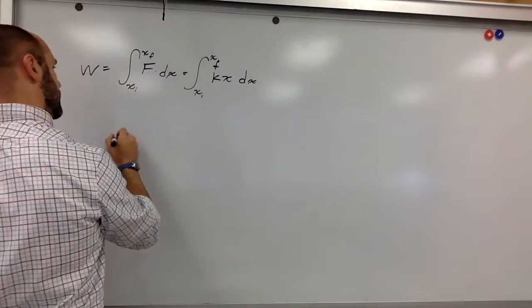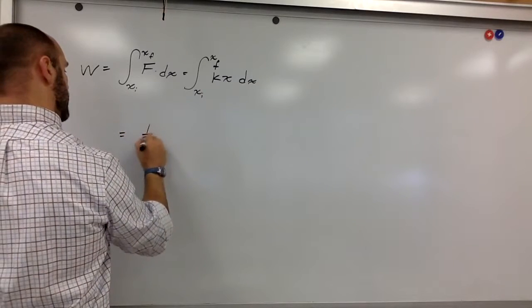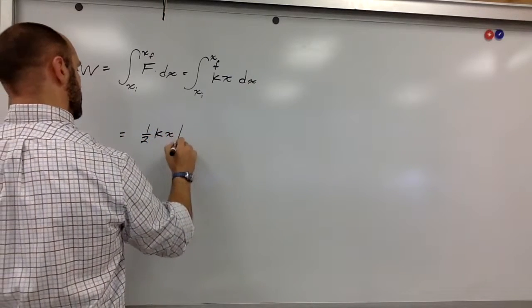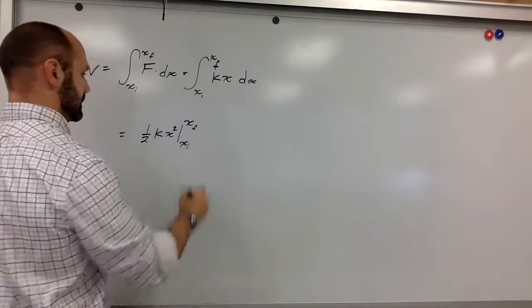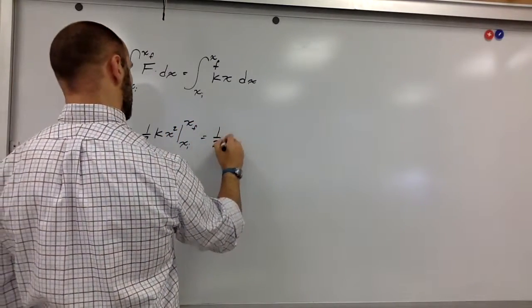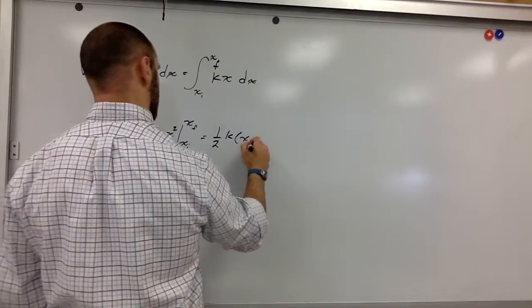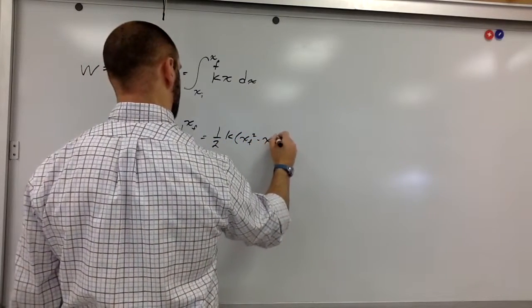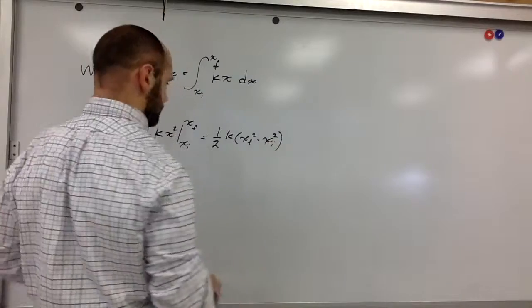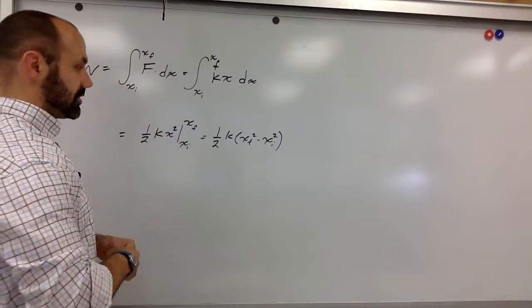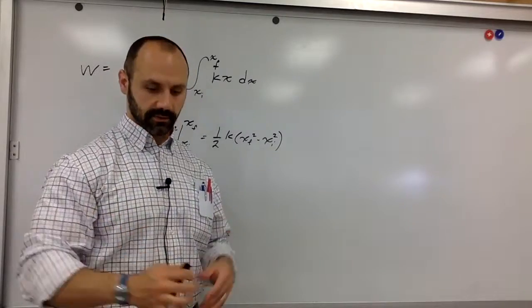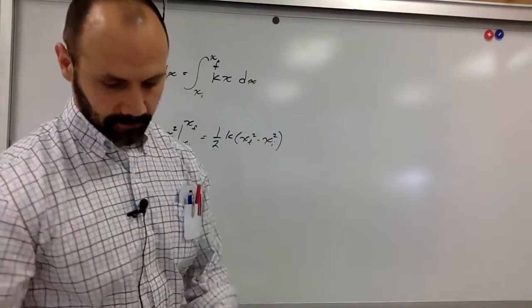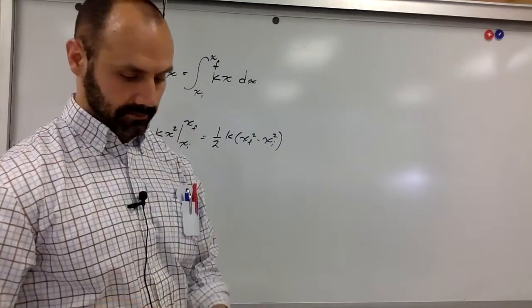So that ends up becoming 1/2 kx squared, from xi to xf. We substitute in, so it's 1/2 k (xf squared minus xi squared). Notice it's just the difference of the potential energy of a spring, a Hookean spring, if we use kx. And so that's where that comes from, right?